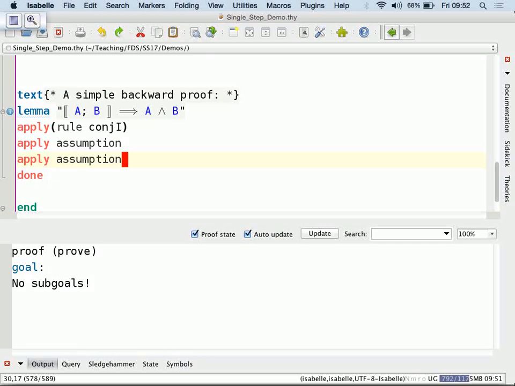In principle, you can apply any rule. Now the point there is that if this were a logic course, I would then teach natural deduction, and I would show you all the individual rules. But basically, I don't want to do that because this course is not about single-step proofs.